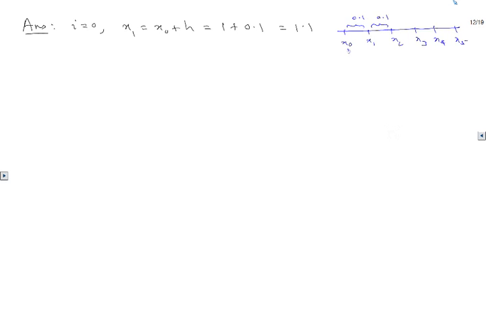So that means you're going to get 1.5, which is what we are looking for. And then xi is simply x0 plus ih, or in this case 1 plus 0.1i. Good.